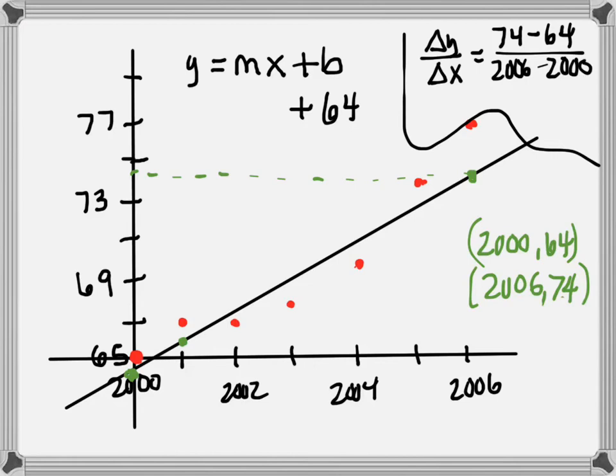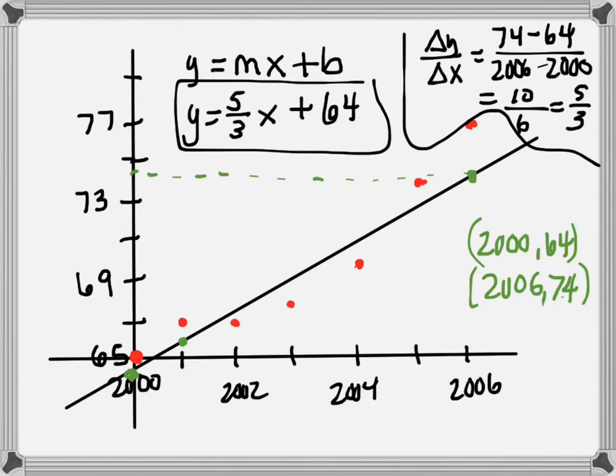So if I do 74 minus 64, what do I get? 10. 2006 minus 2000 would be the number 6. And if I keep it in fraction form, this would actually reduce to 5/3. If you write it in decimal form, you're going to get a repeating decimal, which is fine. You can use a repeating decimal in here too. I'm going to write 5/3 and then times the x. You may not get 5/3. On the sheet, my note sheet that I'm teaching from, I don't have 5/3. I have 4/3.